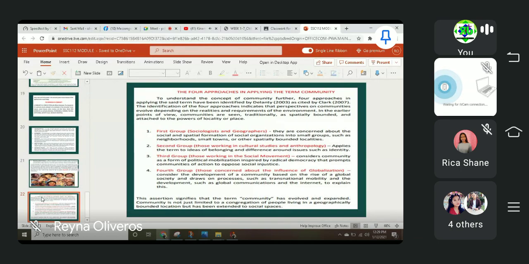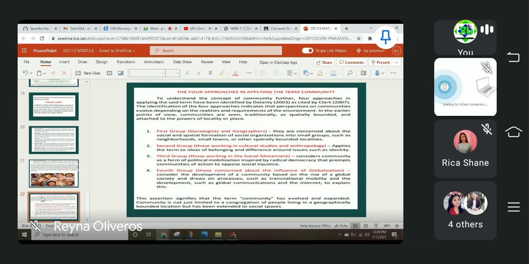Number 1 is the first group or the sociologists and the geographers. These sociologists and geographers are concerned about the social and spatial formation of social organizations into small groups, such as neighborhoods, small towns, or other spatially bounded localities.